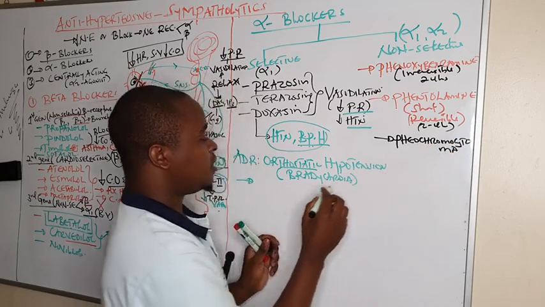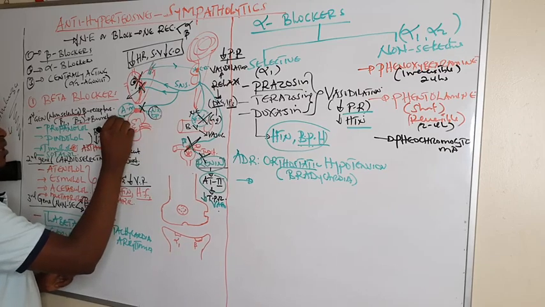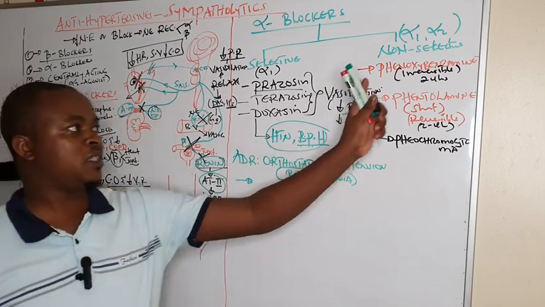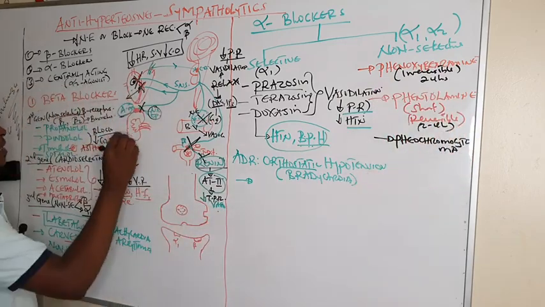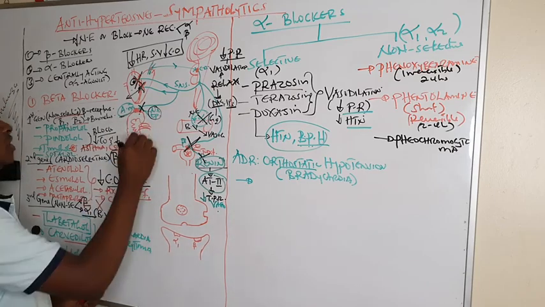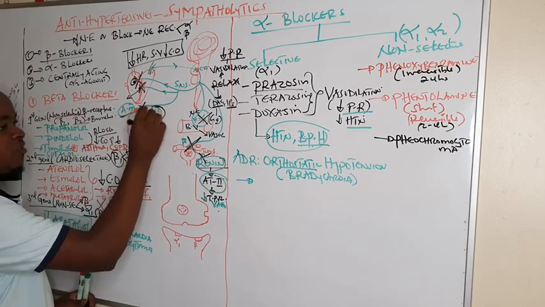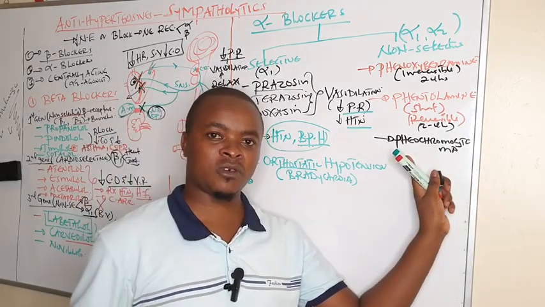That is, increased release of catecholamines from the adrenal medulla. So what do phenoxybenzamine and phentolamine do? They inhibit the action of the receptors which are going to be triggered by these catecholamines, which is pheochromocytoma.